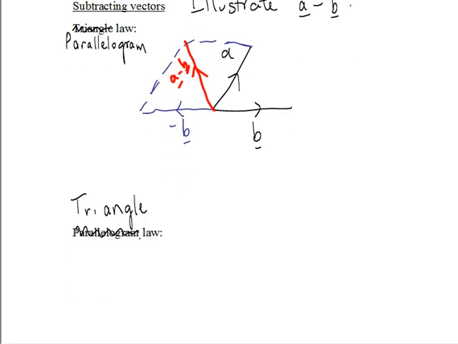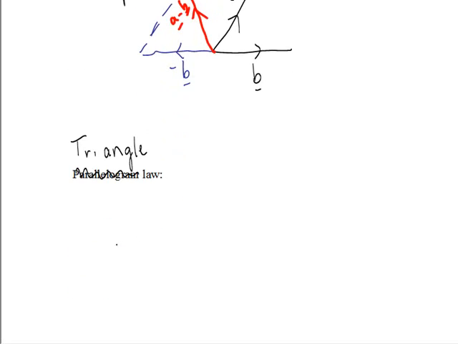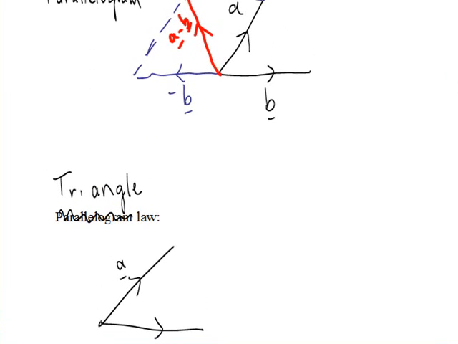Let's do the triangle now. So let's draw the same two vectors. And I want to find A minus B. So again, you draw minus B in an opposite direction like that, so that you can use the triangle law. Remember, to use the triangle law, the arrows must follow each other.